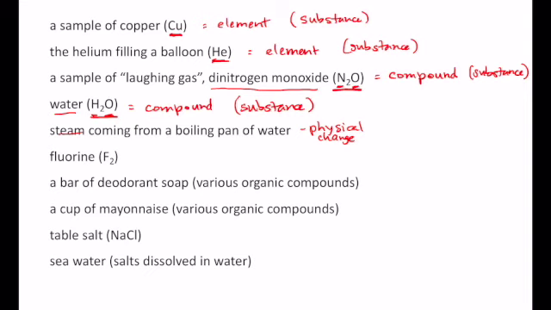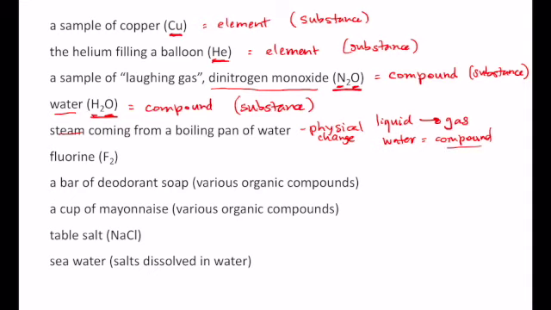When water boils, it turns from a liquid to a gas. This is because you're adding energy, and it causes the particles to move apart from each other. The water molecules gain energy, and instead of being relatively close, they're far apart from each other. So this is a physical change, and you still have water, and that's still going to be a compound.